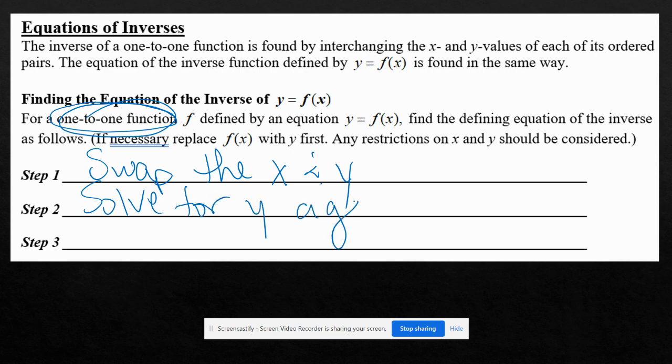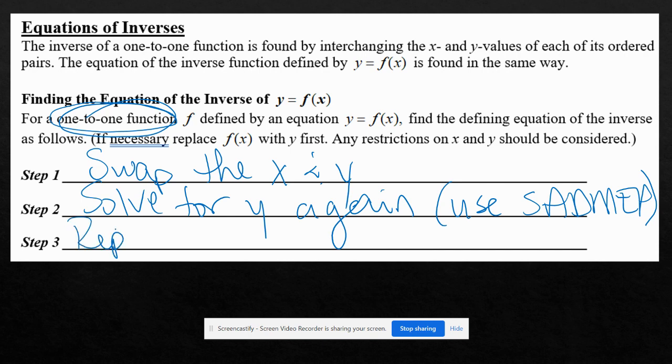Solve for y again using backwards order of operations, PEMDAS backwards, or SADMEP, and then replace y with f of -1 to show this is an inverse, or g of -1, h of -1, whatever the original function notation was.